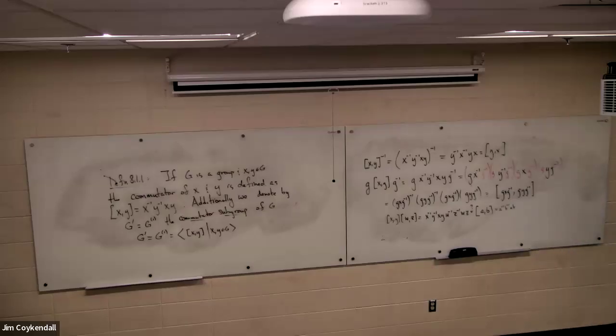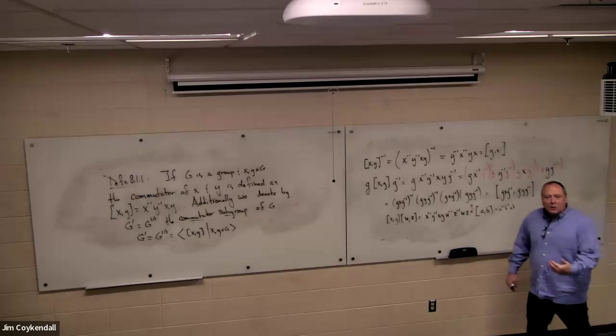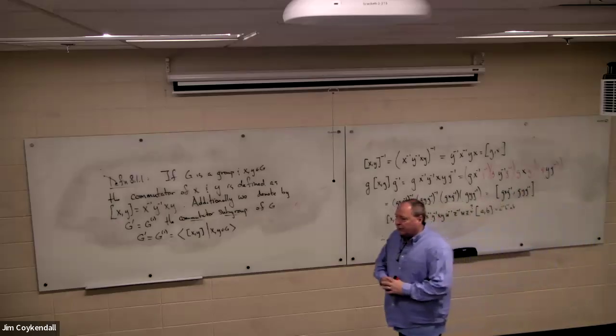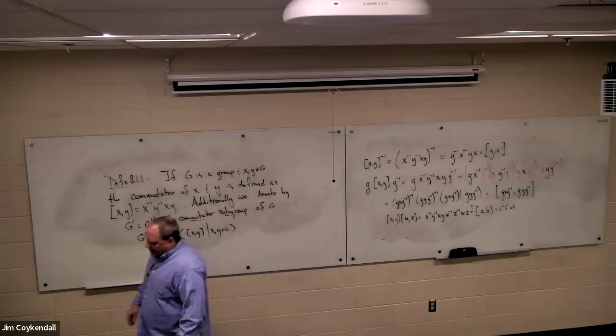Because actually, you've got inverses, you've got associativity because it's a subset of an associative group. The identity is a commutator because it's the commutator [e, e], right? The only thing you don't have is closed under products, and that's why we have the definition.